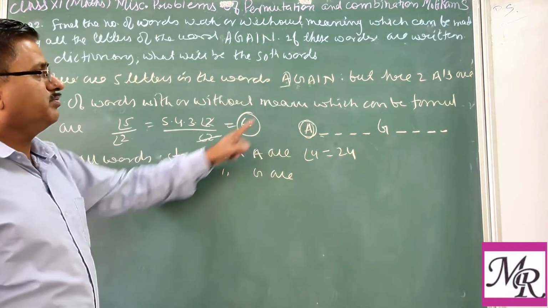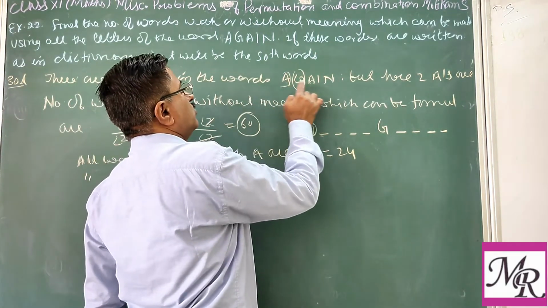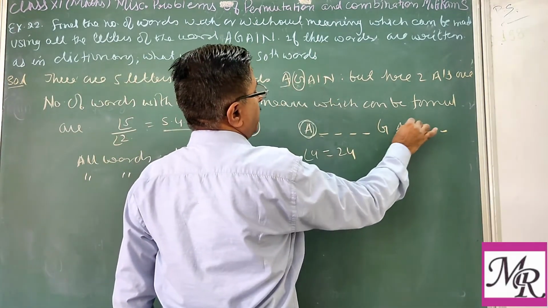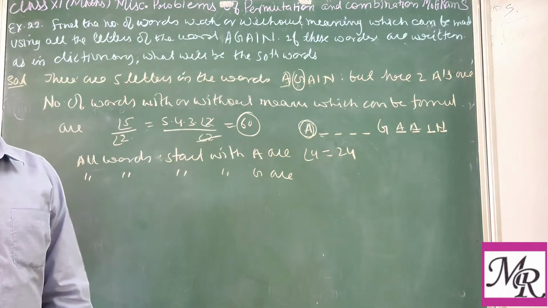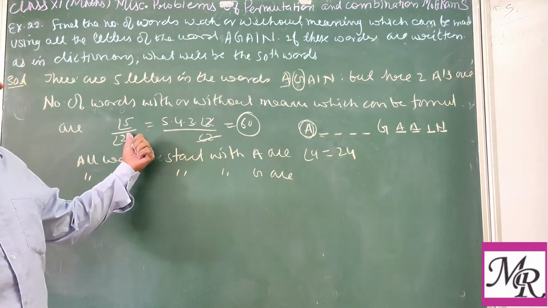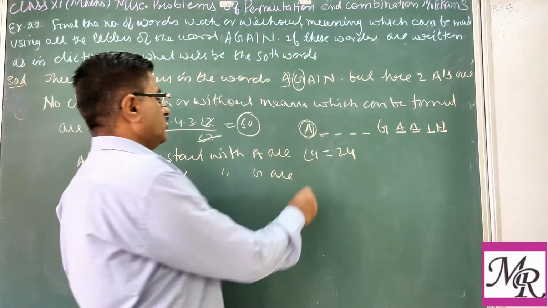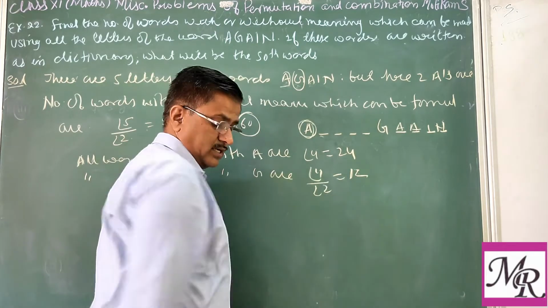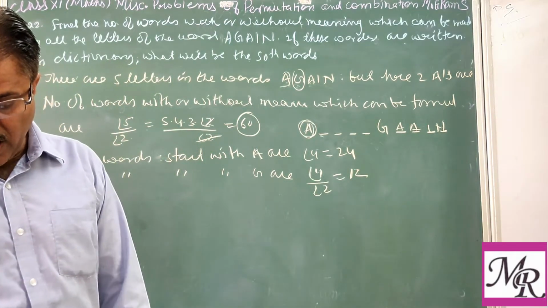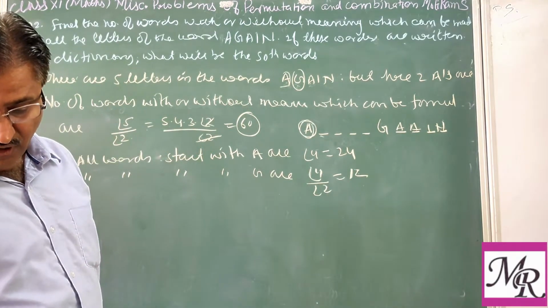Then there are 2 A's, both repeating like this. So repetition is again there. That's why we use this formula: factorial 4 upon factorial 2. That is 12. So 12 words are there for G.